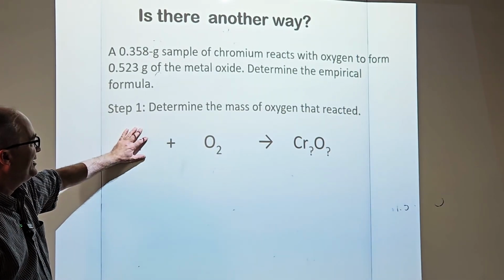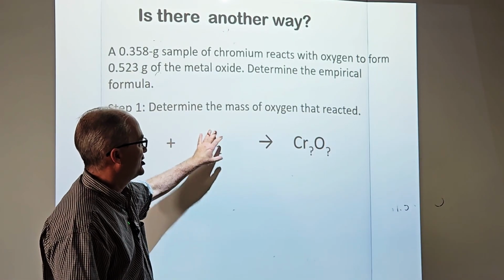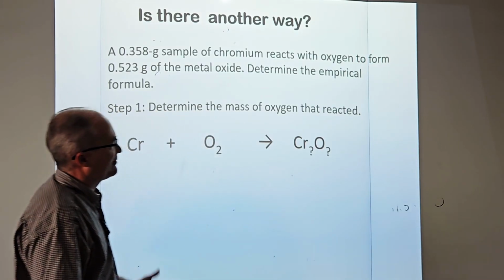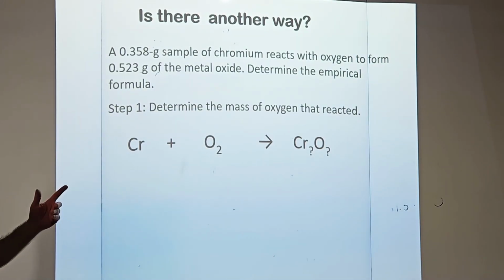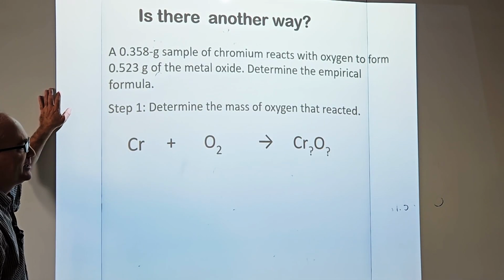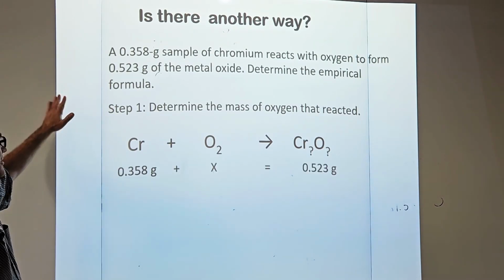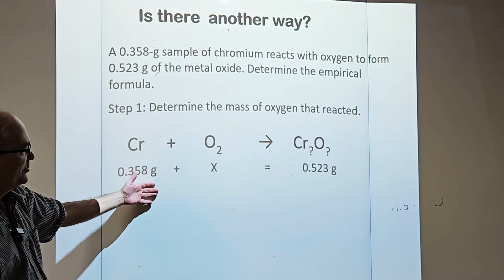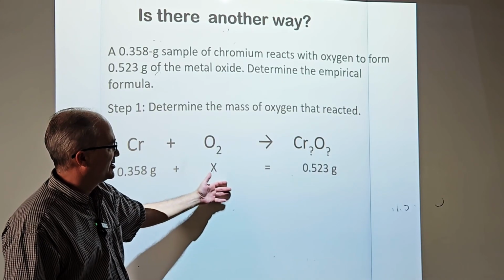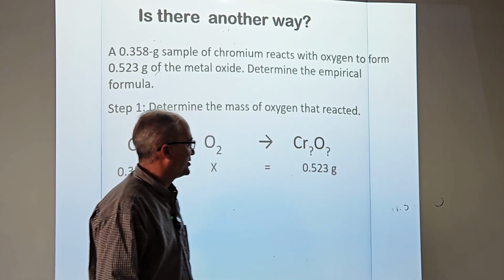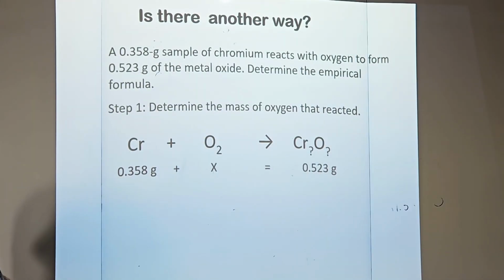So we know some chromium reacts with some oxygen. We form this compound. We already know what the formula is from our percent composition data. So we say this much chromium, X amount of oxygen, gives us this much chromium-3 compound. We're going to pretend we don't know it's chromium-3.